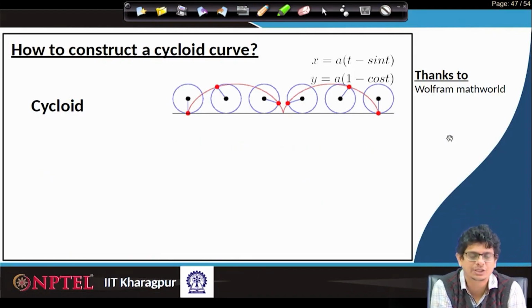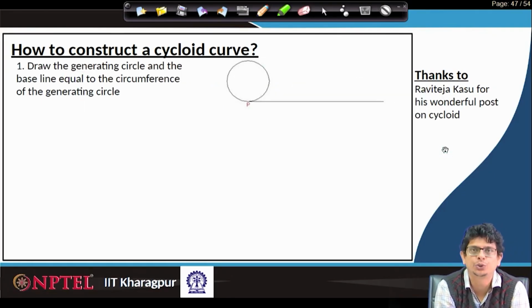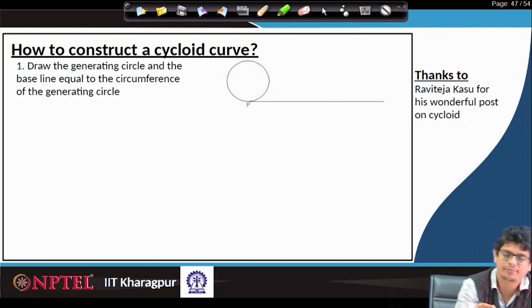Now, how to construct a cycloid curve geometrically? To do that, first of all, we have to use a generating circle which is rolling on a baseline.